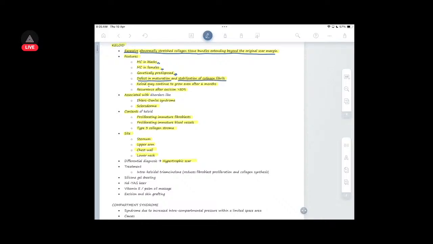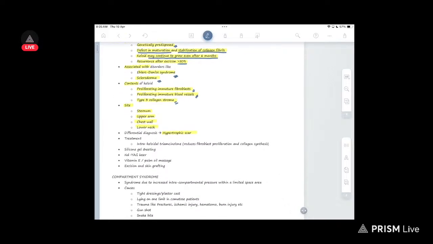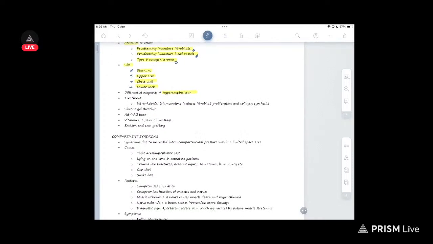Keloid may continue to grow even after 6 months, and recurrence after excision is more than 50%. It is associated with Ehlers-Danlos and scleroderma. Contents are proliferating immature fibroblasts, immature blood vessels, and type 3 collagen stroma. Sternum, upper arm, chest wall, lower neck, all of them are sites. You have hypertrophic scar also.